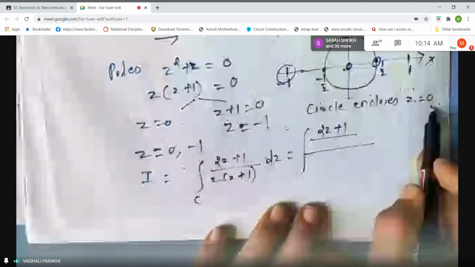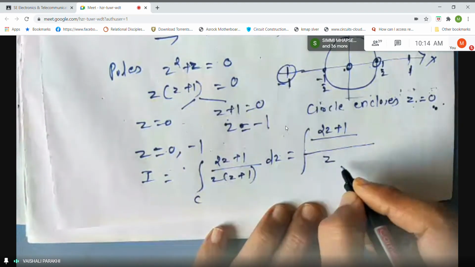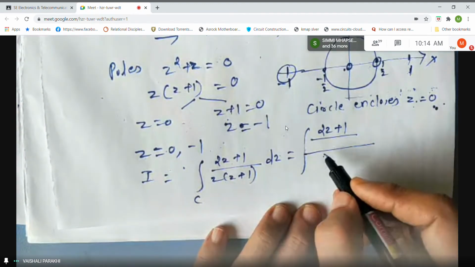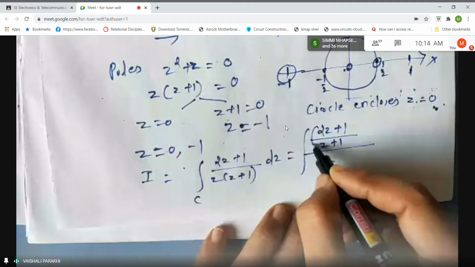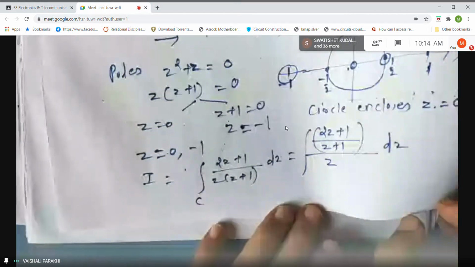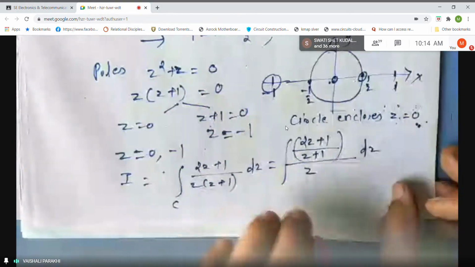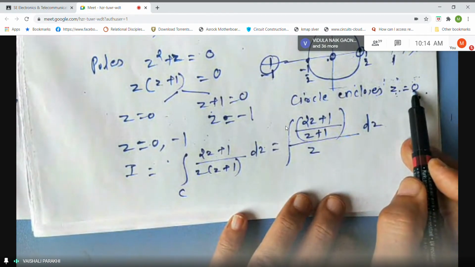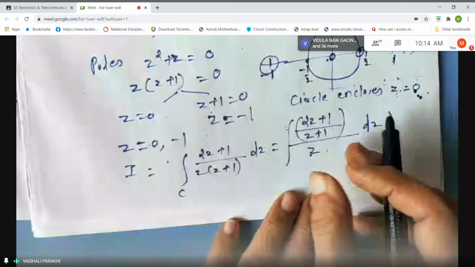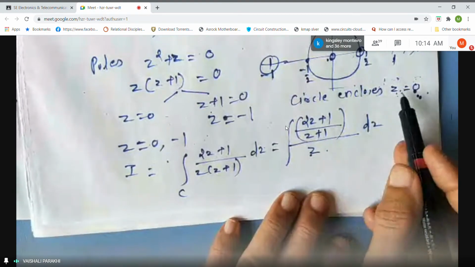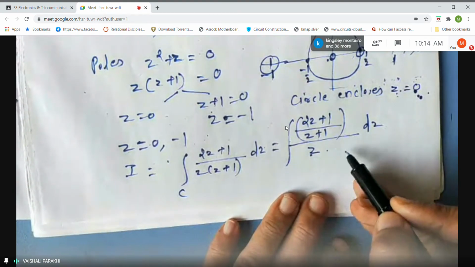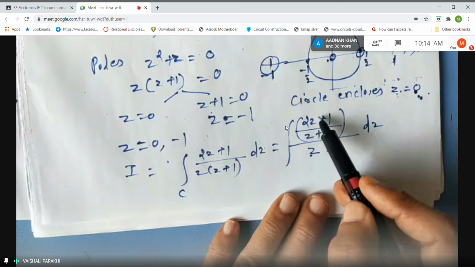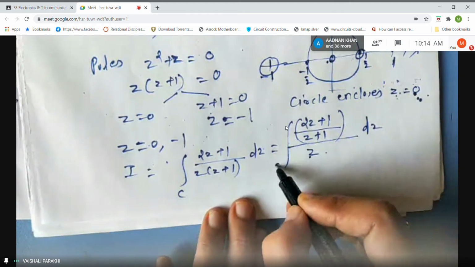Z is equal to 0 is the pole, so Z minus pole should remain in the denominator, and the remaining term will come along with the numerator. We have done the same thing for the previous problem. Because Z is 0, I am writing Z, not Z minus 0. And f of Z will be this numerator.